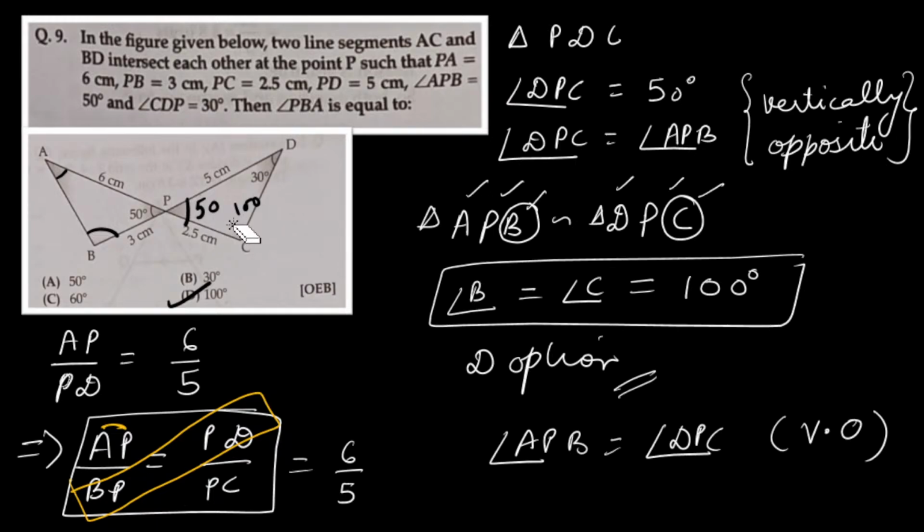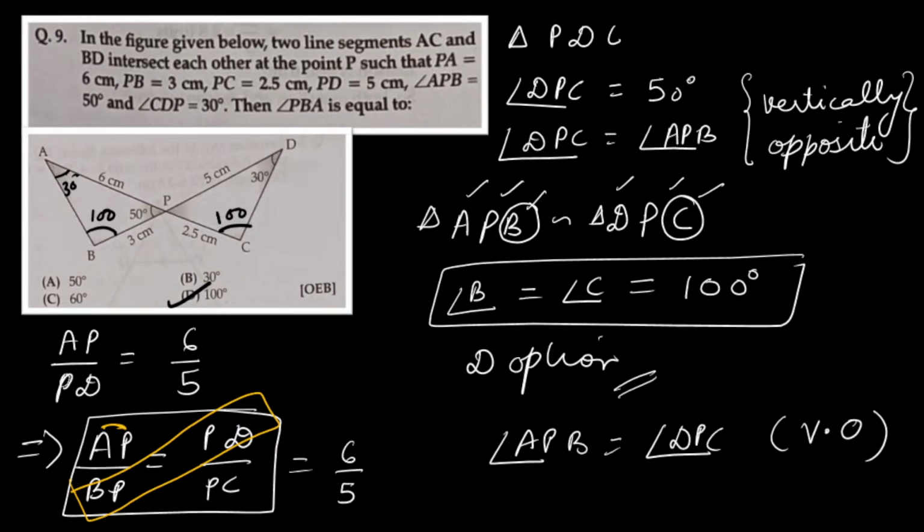Because this is an MCQ, I don't recommend spending this much time on MCQs in the exam. Directly from the figure it is visible that these are corresponding, because this is a bigger angle and here this is a bigger angle. Although if this question comes in a written subjective type, then you have to do this working.